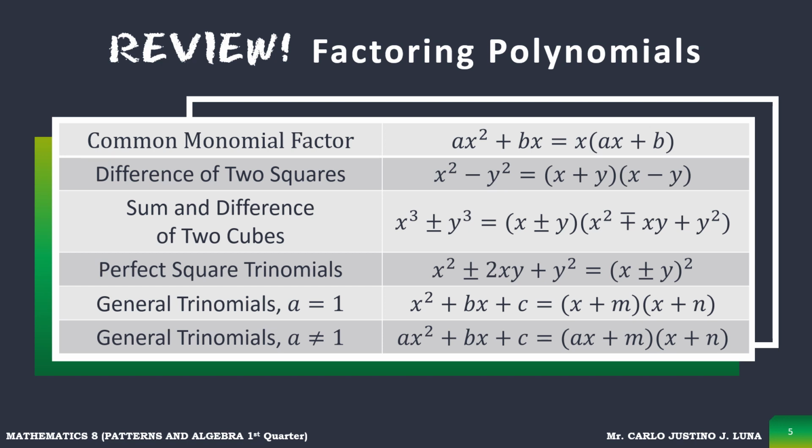So if we have difference of cubes, ilalagay natin ay plus. Kung yan ay sum of cubes, we will write minus. And then lastly, get the square of the last term. That is y squared.